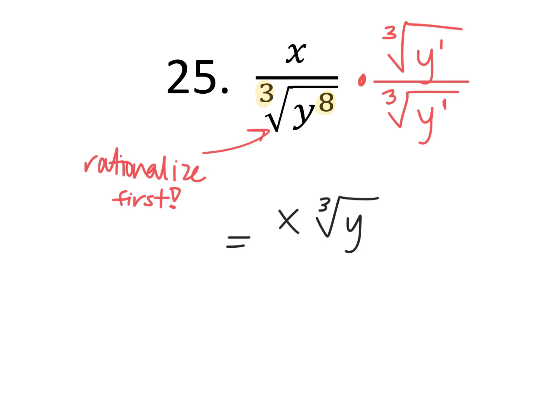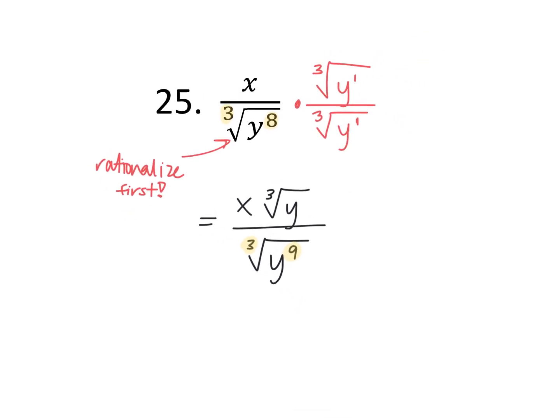And on the bottom here, you add your exponents. So you have the cube root of, this is what we want, y to the 9th. How many times does 3 go into 9? 3, evenly. That's what you need to happen. And so you're doing 9 divided by 3, right? So it is y to the 3rd now on the bottom.